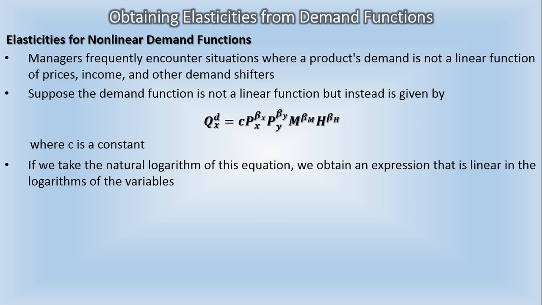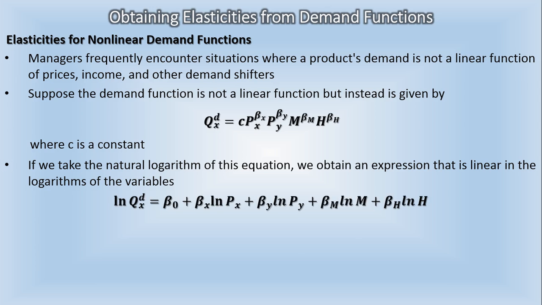So we could actually turn this into a linear function by taking the natural log of this equation. Taking the natural log of this equation, we obtain an expression that is linear in the logarithms of the variables. So this expression, if you take the natural log of each side, will get us to this expression here. And I'm going to show you how to get from that point to this point in a second.